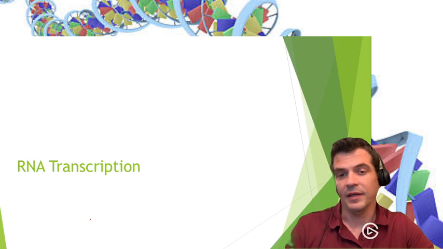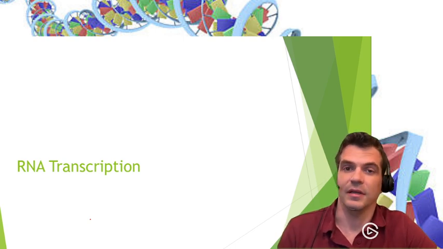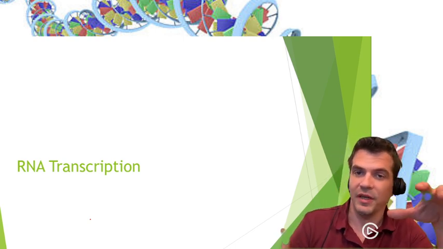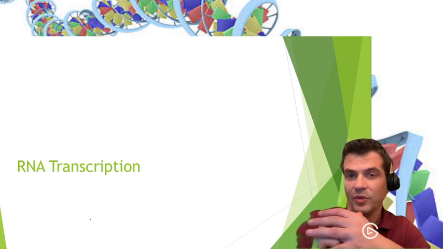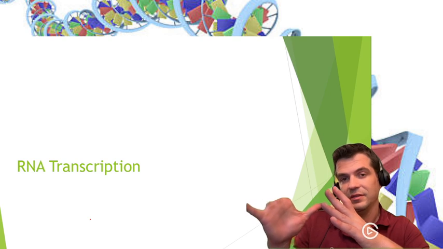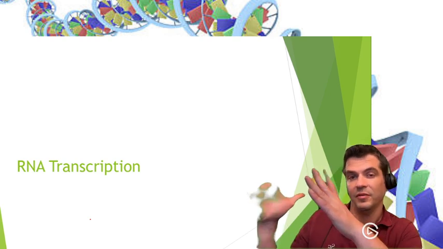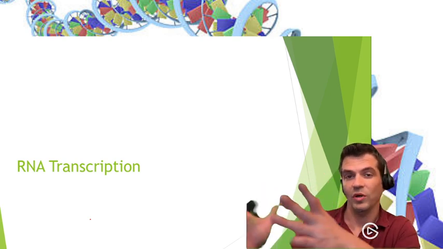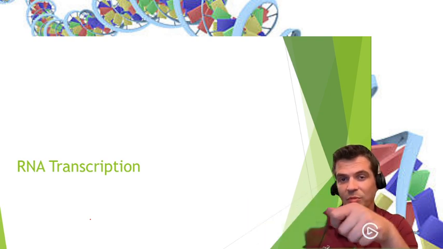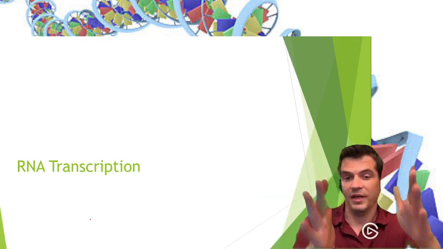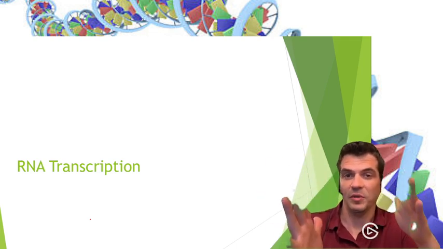But it will still make sense, I promise, if you think about it in three distinct steps. What will I get if I just need to replicate this DNA and I'm pulling apart? What am I going to get with transcription, and what's going to be my end result?